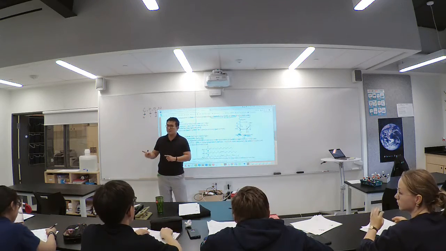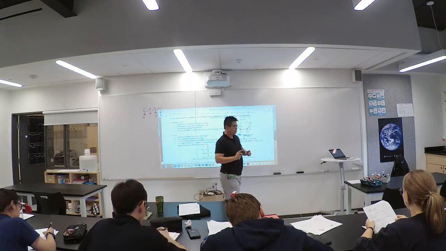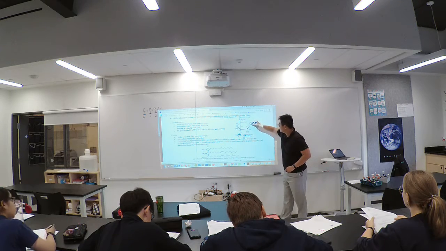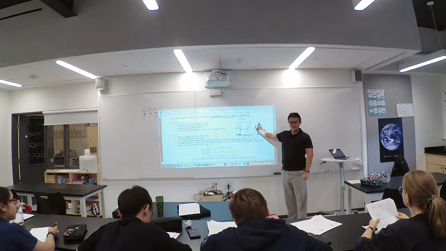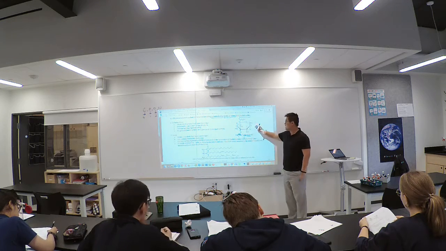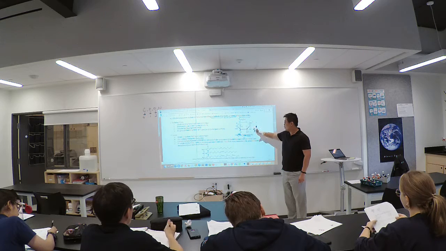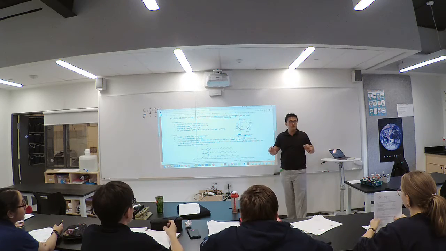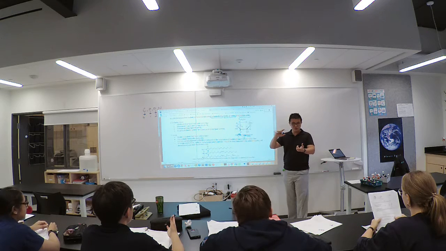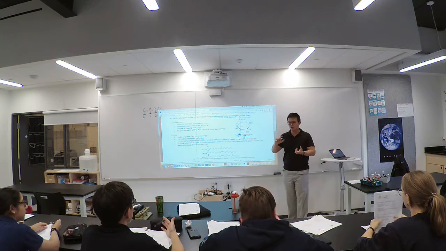The reason why it's a beta glucose is because this OH group here points up. Okay? And the orientation of these H and OH groups is important because if they are different, they will become what in chemistry you learn as structural isomers.